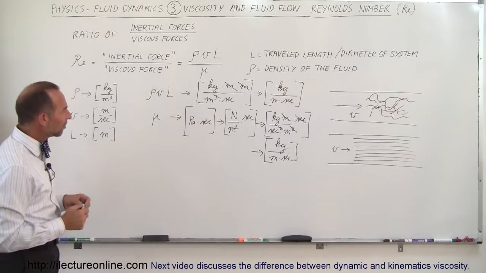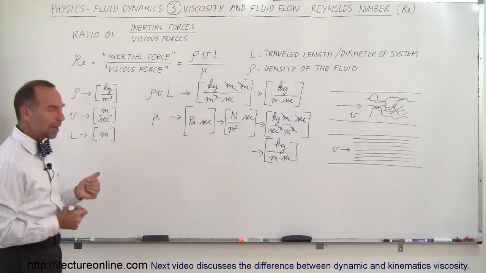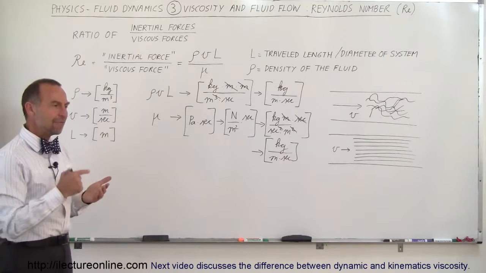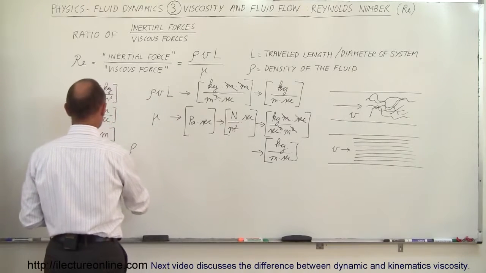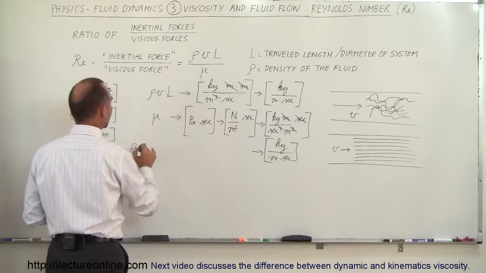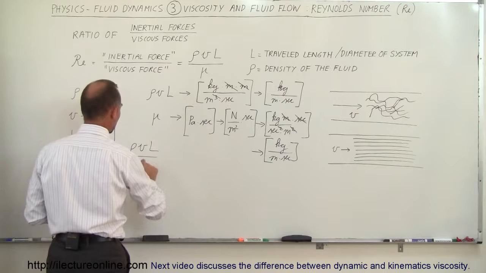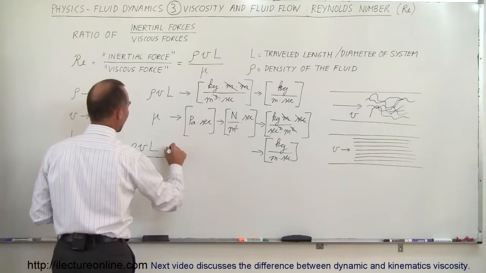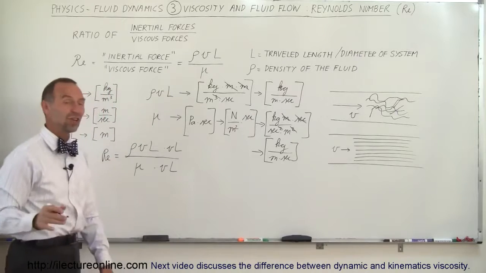Now, what happens if we multiply the numerator and the denominator by, let's say, V times L? Let's try that. So we have Reynolds number is equal to the density times V times L divided by mu. And if I'm going to multiply the numerator by V times L, the denominator V times L, how would the units change?